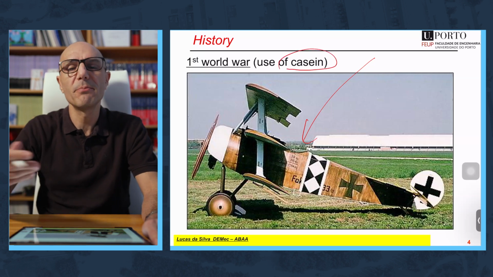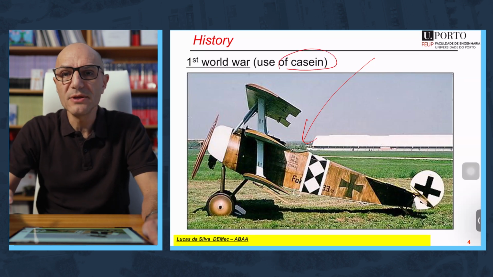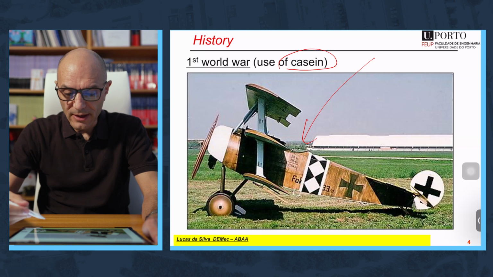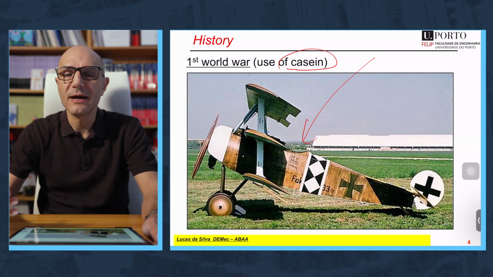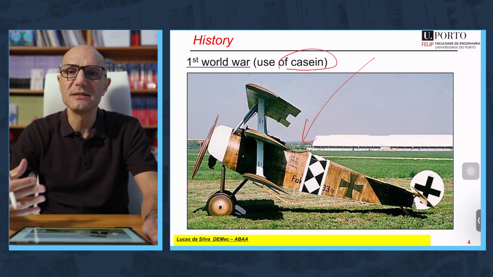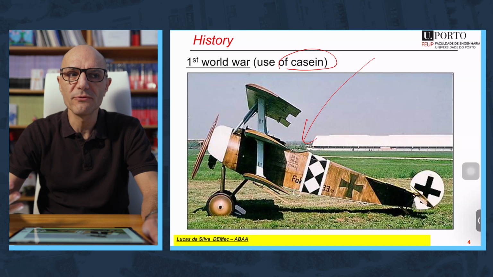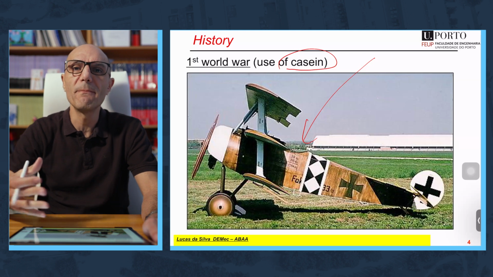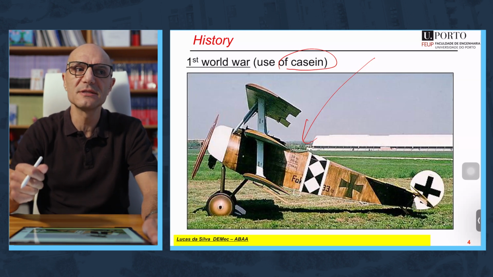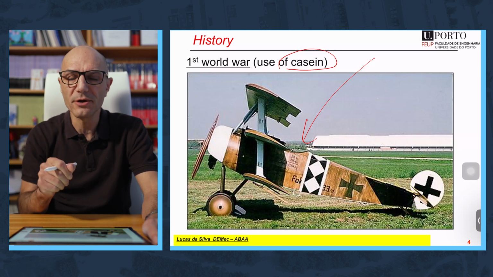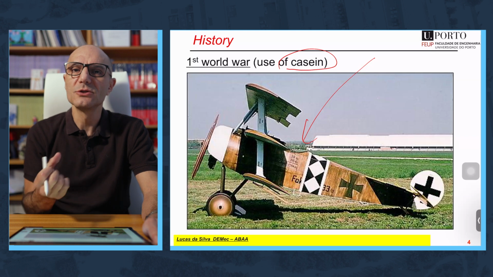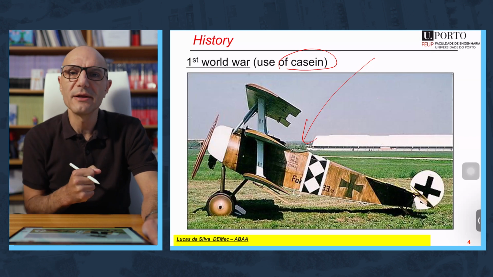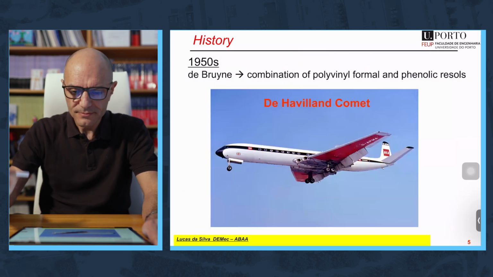Casein is a by-product of milk. But it worked, and they already realized at that time that adhesive bonding is a very efficient method of joining that enables a lighter structure. The aeronautical industry is really the pioneer in the use of this joining technology. It allows stronger structures so that you can alleviate the weight.